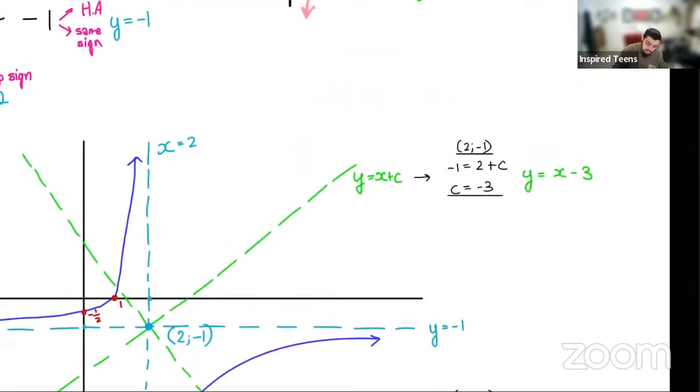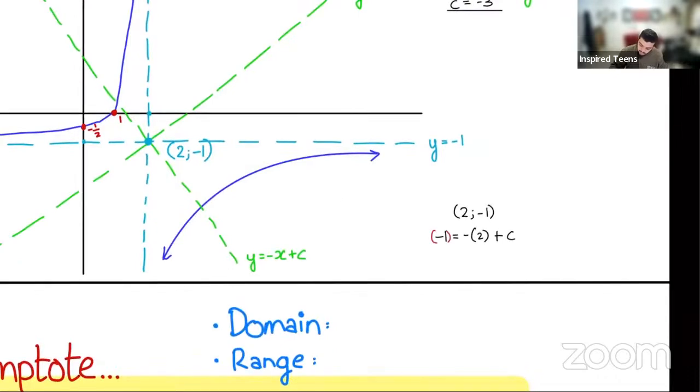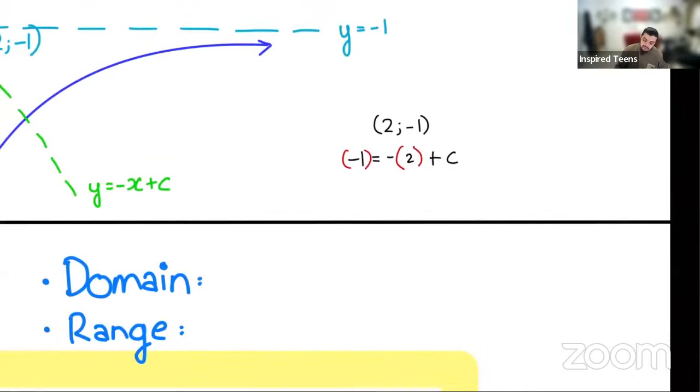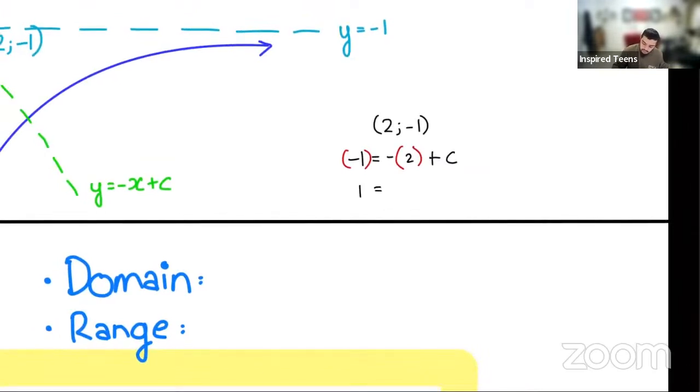Okay, let's write one more step so that we can see it. This is y is equal to negative x plus c, and then we substitute it. Wherever we substitute it, I'm going to put brackets, so here and here. Now when we solve for c in this case, it becomes negative 1 plus 2, which is 1. So c is equal to 1, if I'm not mistaken.